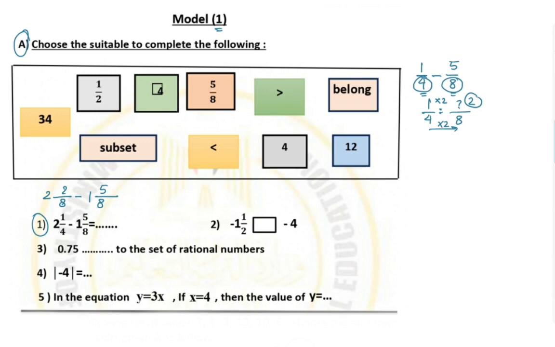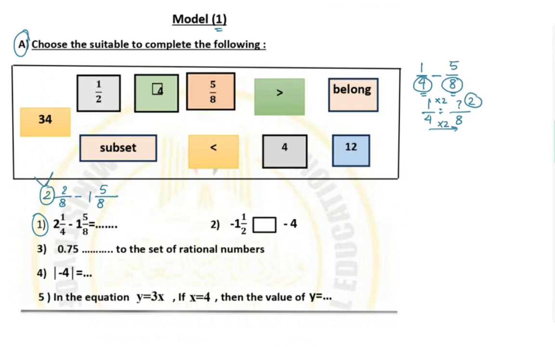Next step, look at the fractions here. We have the fractions 2 over 8 and 5 over 8. Is it impossible to subtract 5 from 2? Yes. Now I need to borrow 1 from this 2 to add it to this fraction, then subtract. How? Look at me.